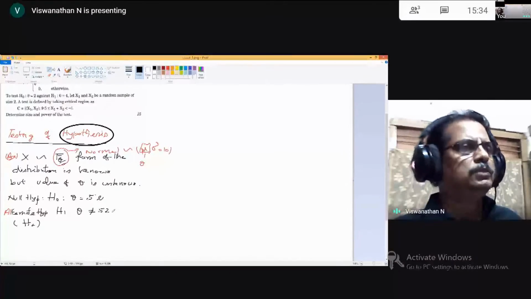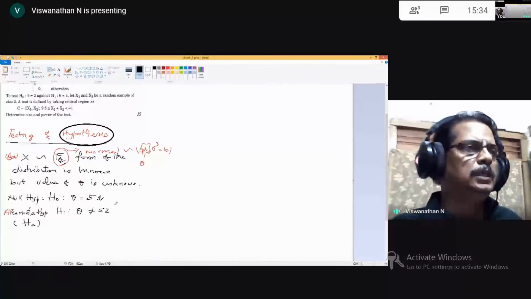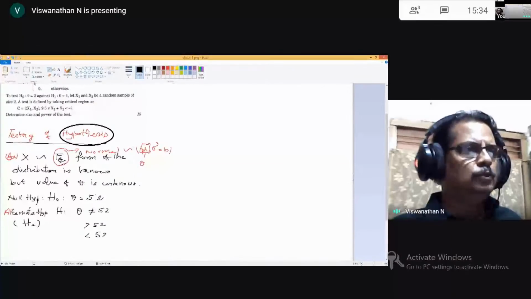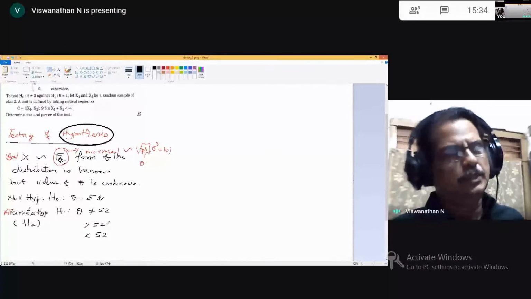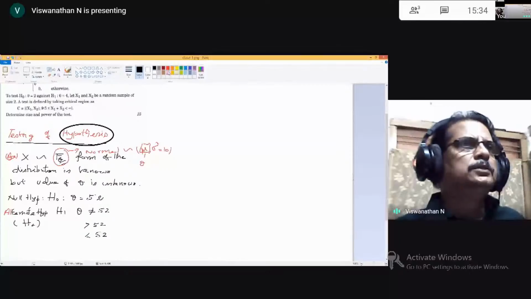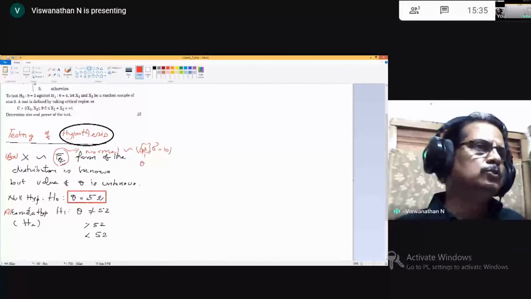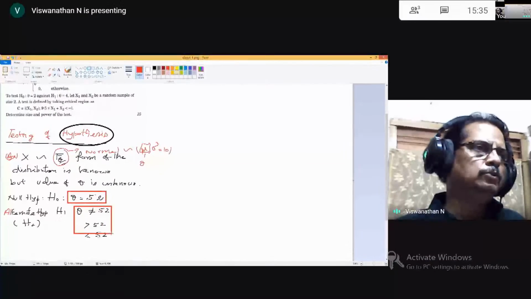In one case, it may be not equal to 52. In another case, I may test whether it is greater than 52. In some other case, we may go for less than 52, depending on the situation. But my null hypothesis is this, and the alternate hypothesis may vary depending upon the situation.